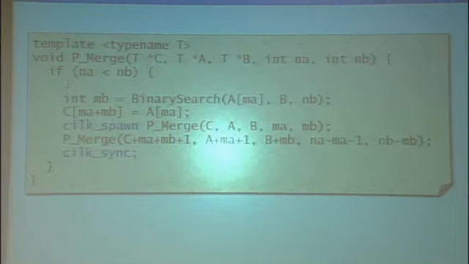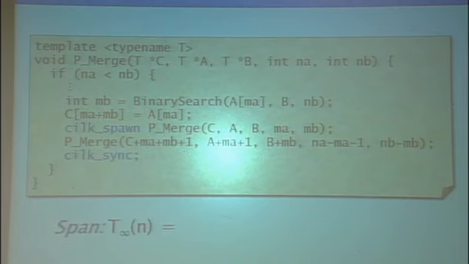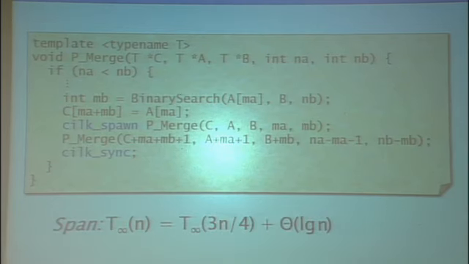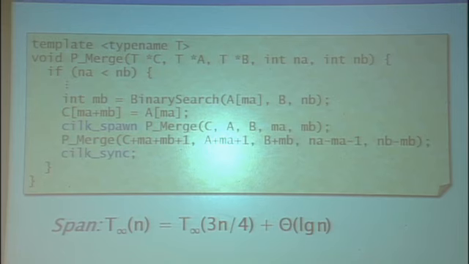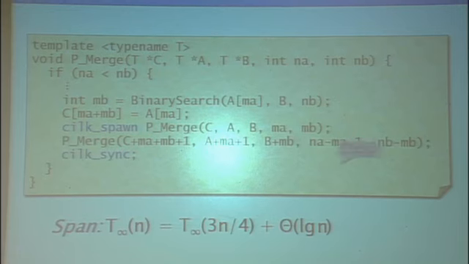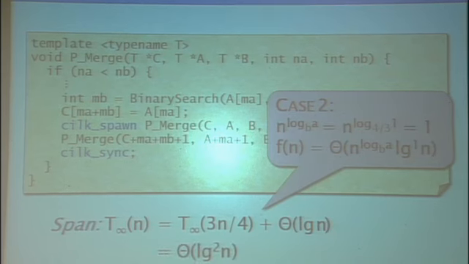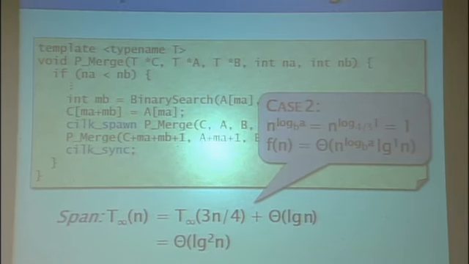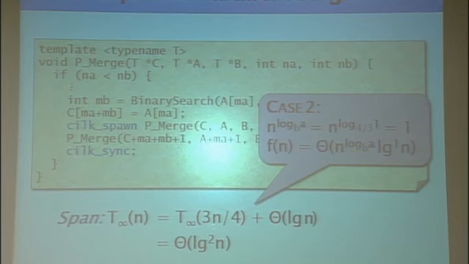So let's analyze the span of this. The span is basically the span of something of at most 3/4 the size, plus the log n for the binary search. So the span of parallel merge is therefore order log squared n. Okay, because the important thing is I'm whacking off a constant fraction here every time.